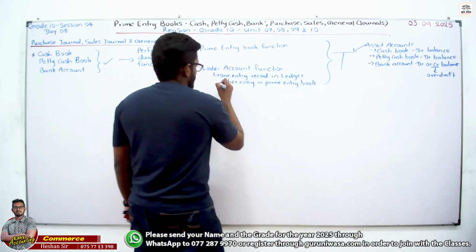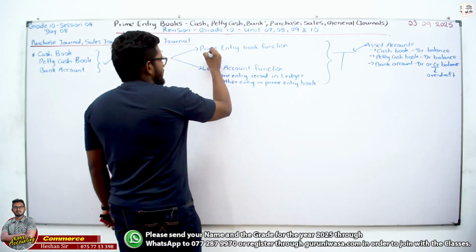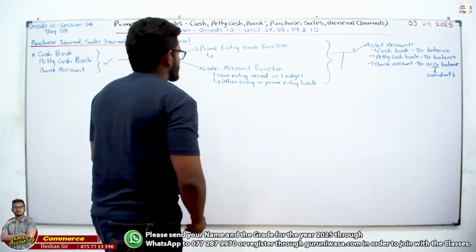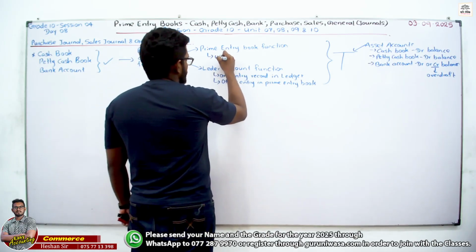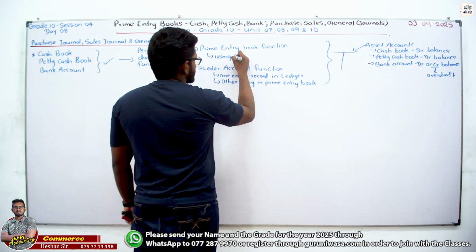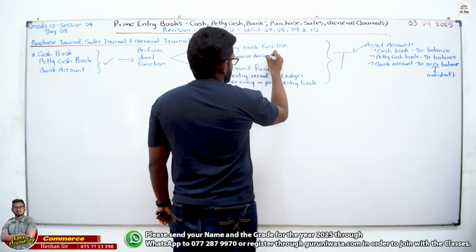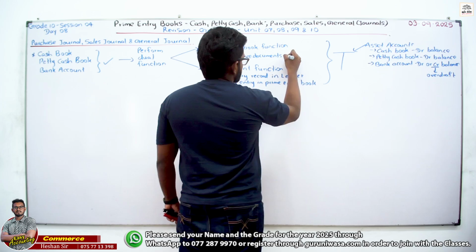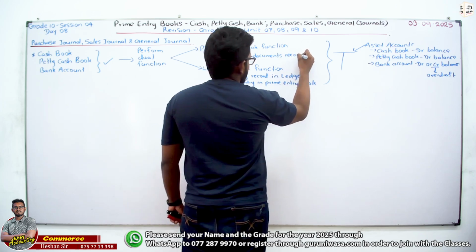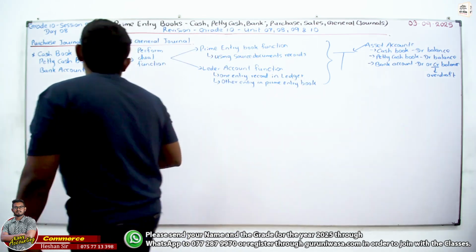So it performs prime entry book function. Why? Using source documents, we record. That's why it has a prime entry book function.